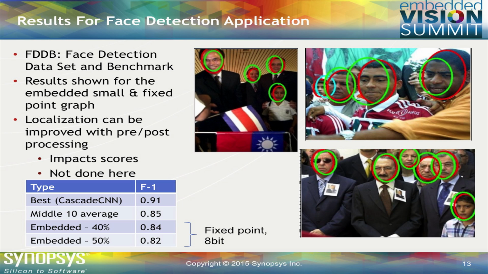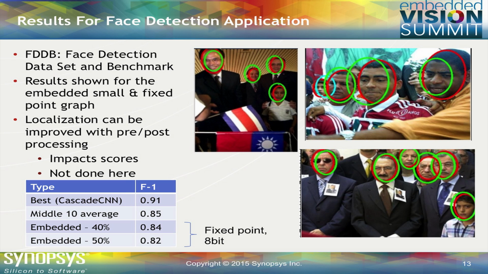And what we've seen is that although we are not performing as well as the best published result here, our numbers are pretty much competitive with the average of the different published results. And in this case, we were using only an 8-bit fixed point implementation.